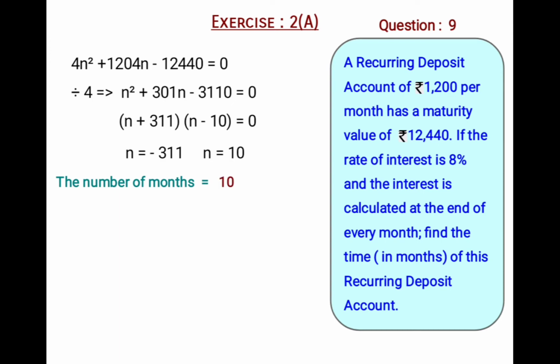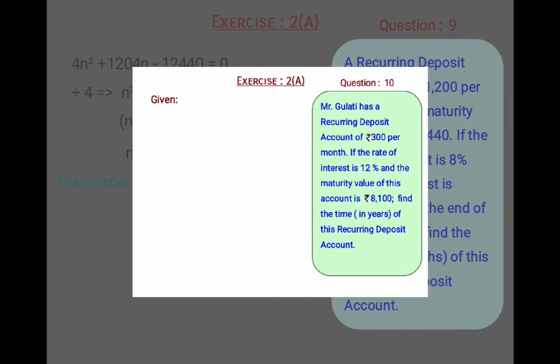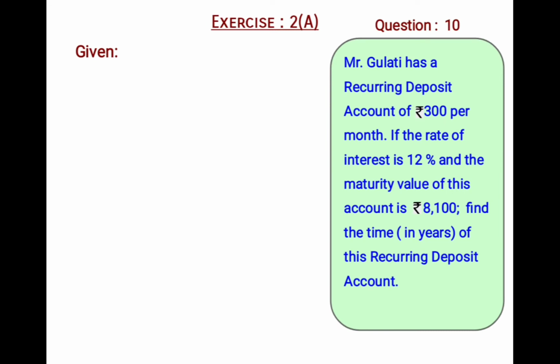Now we are moving on to question number 10 in the same exercise. Mr. Gulati has a recurring deposit account of rupees 300 per month. Given P is equal to rupees 300.